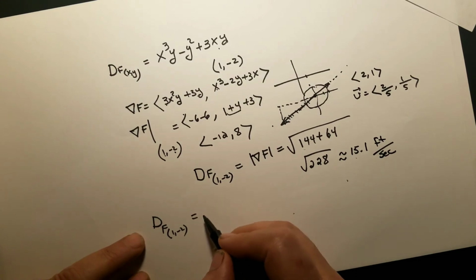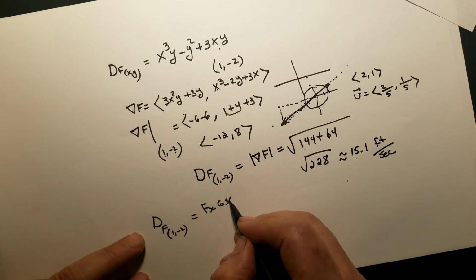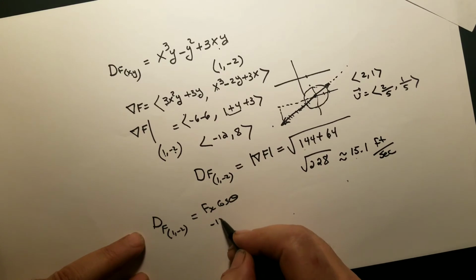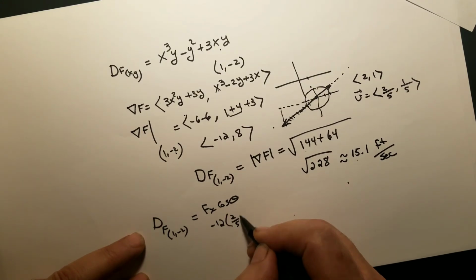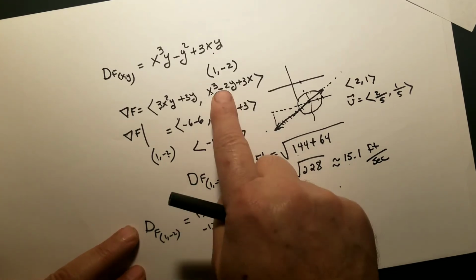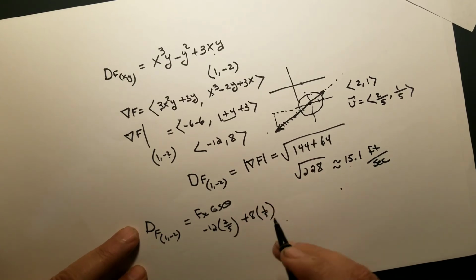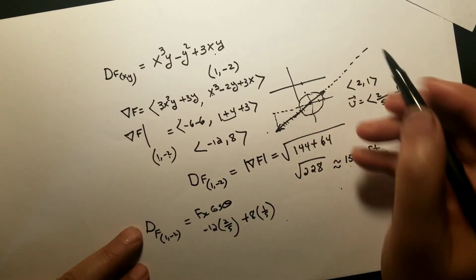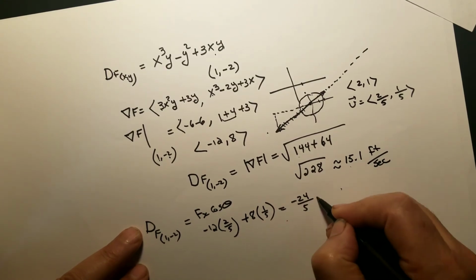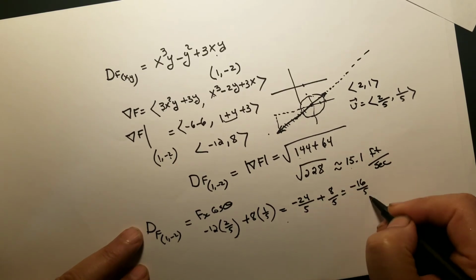Therefore, in here, your directional derivative is going to be f_x cosine theta. What was the partial derivative with respect to x? Negative 12. Negative 12 times 2/5, plus, what is the partial derivative with respect to y? It was 8, times 1/5. In the direction the mayor told you, where we have many houses, it is going to be negative 24 over 5 plus 8 over 5, and that becomes negative 16 over 5.